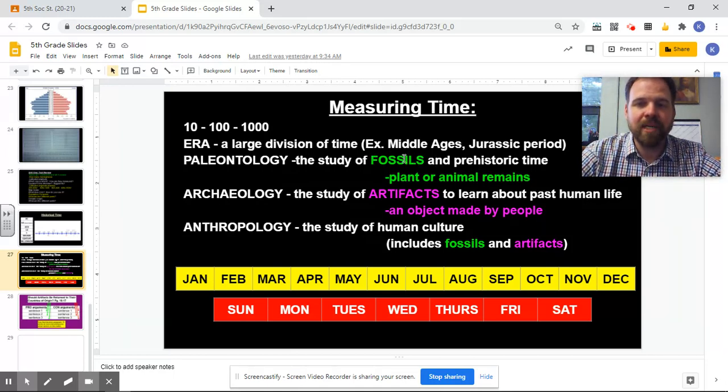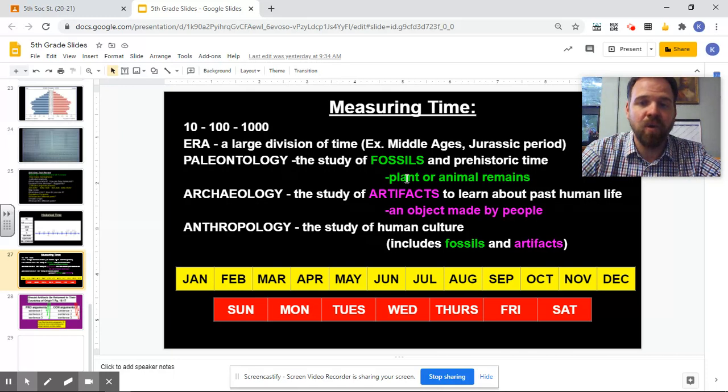Now I put in green highlight here the word fossils because we want to know from this information the difference between a fossil and an artifact. And that's what these little breakdown, similar color definitions go with. So, for example, fossils are a plant or animal remain. So, notice they have nothing to do with human creation.